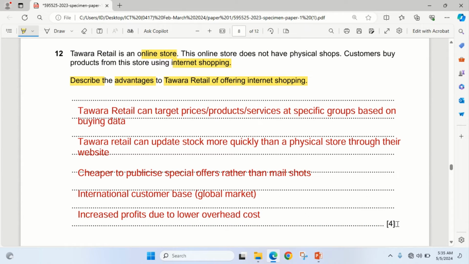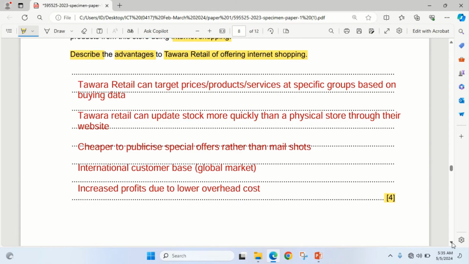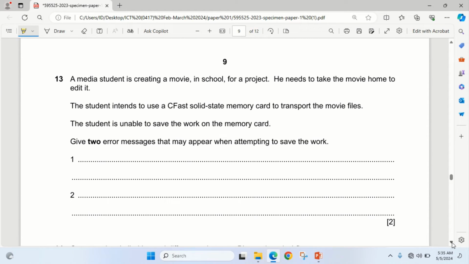So then the next one is question 13, and it says a media student is creating a movie in school for a project. He needs to take the movie home to edit it. The student intends to use a fast solid state memory card to transport the movies.